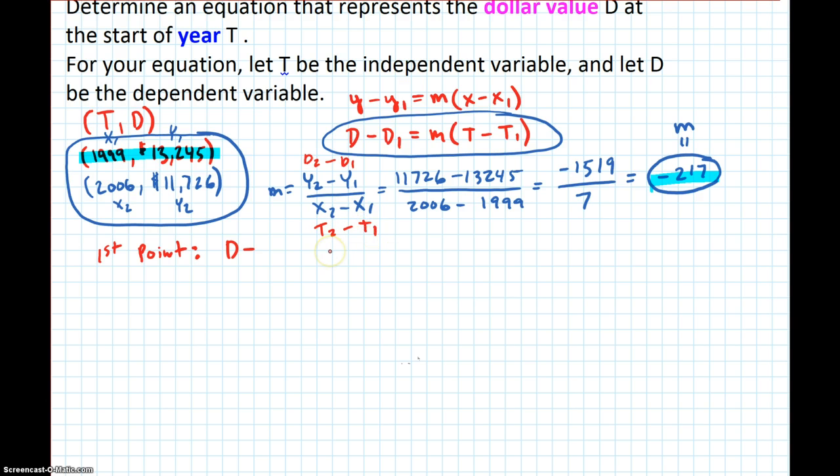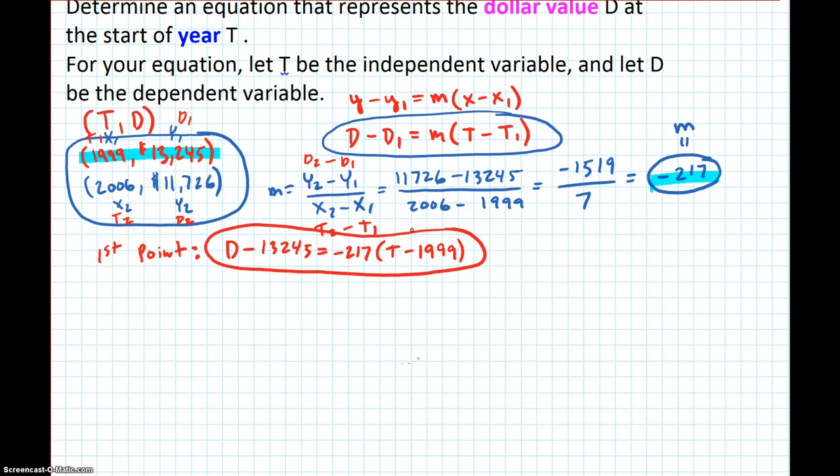That's okay. This value here is really D1, this is really T1, this is really T2, and this is really D2. So this is going to be D minus D1, which is 13,245, equals m, which is negative 217, times T minus T1, which is 1999. So that is the point slope form of the line using the first point.